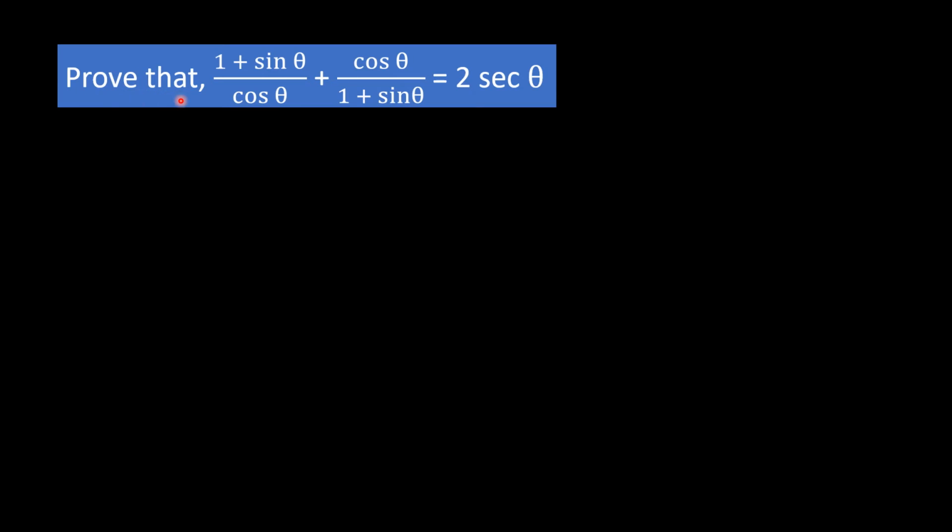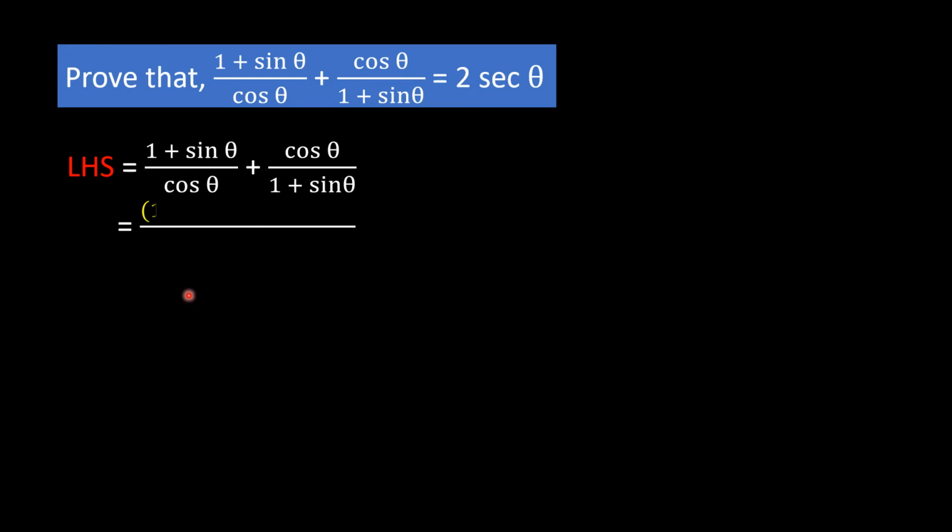Prove that (1 plus sin theta) divided by cos theta plus cos theta divided by (1 plus sin theta) equals 2 sec theta. We will write the left hand side as, here we will cross multiply and add these two terms.